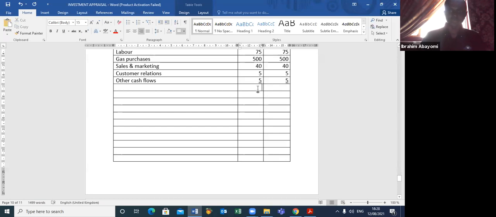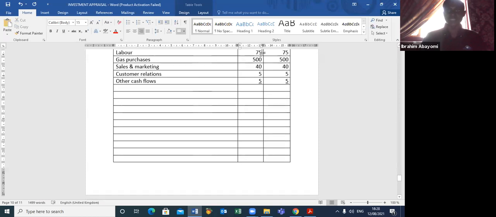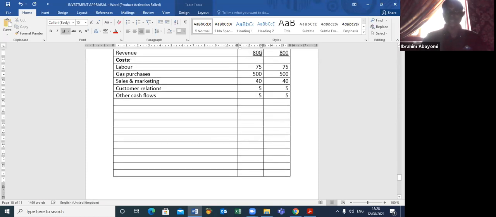What will be my total cost there? Let me make this one in decimal so that my cash flow will be nicer than this. Let me put 0.00 so that I will have a neat cash flow to do.